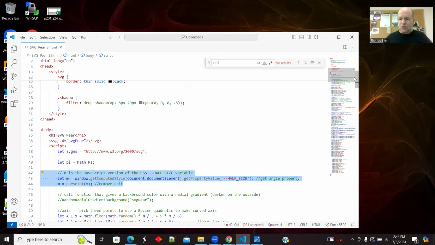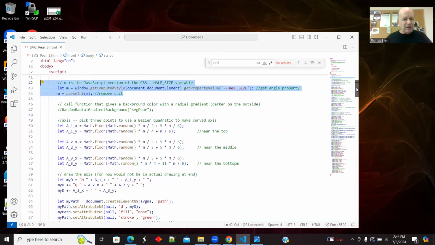Now, the first thing I want to do, if I'm following those instructions, is to make the axis. And the axis might be curved, so I wanted 3 points. I'm going to, in this case, use a quadratic Bezier. So I'm going to have 3 points: a starting point, an ending point, and a middle control point.